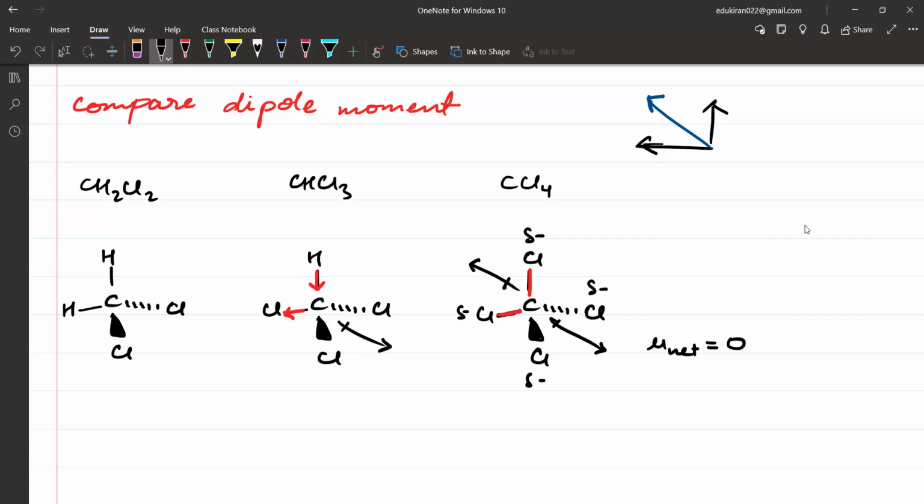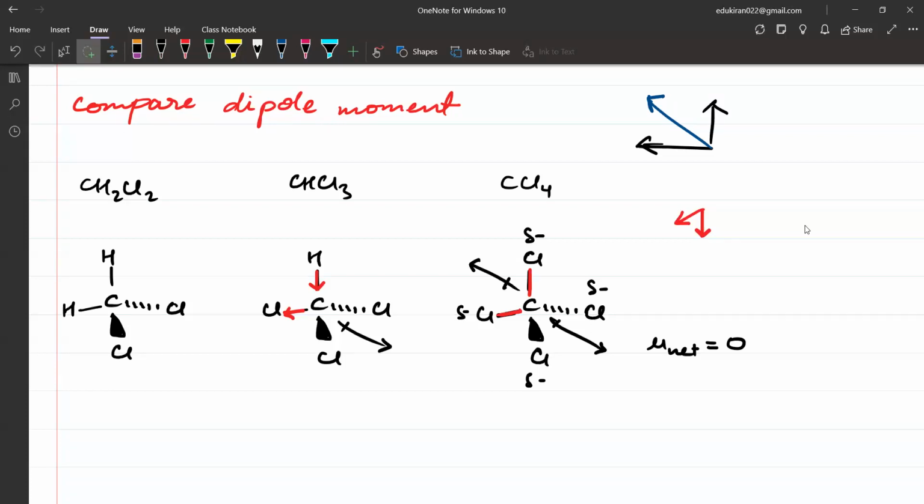I'm not going to disturb this one. So we do something like this, and I guess something like this. This is the dipole right now. So maybe we can take it like this, no? And then resolve it, right?